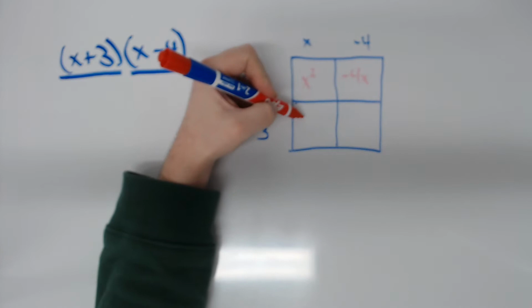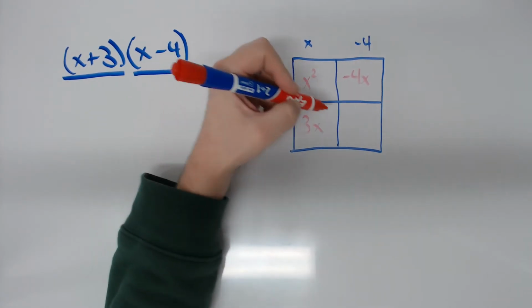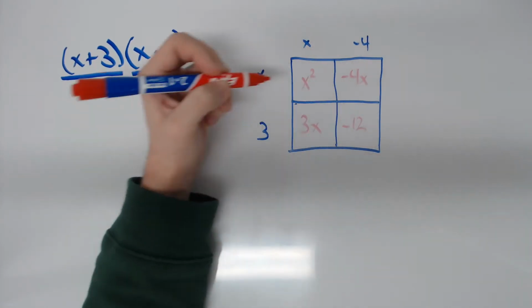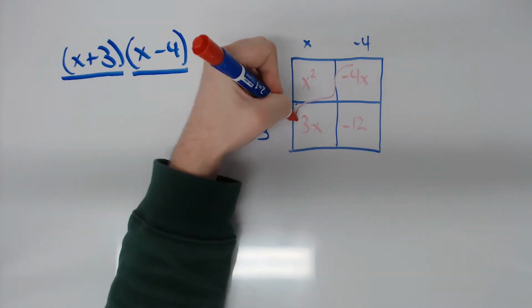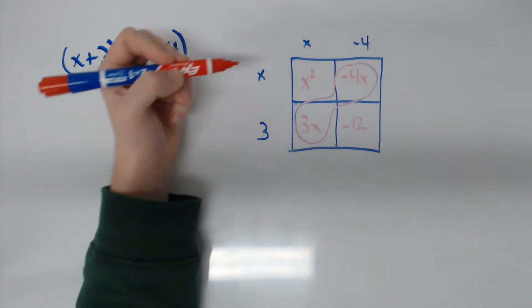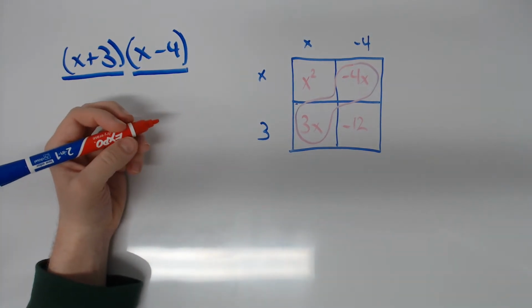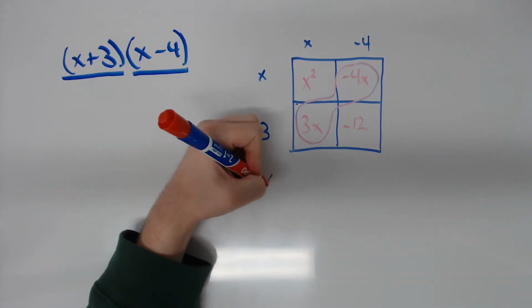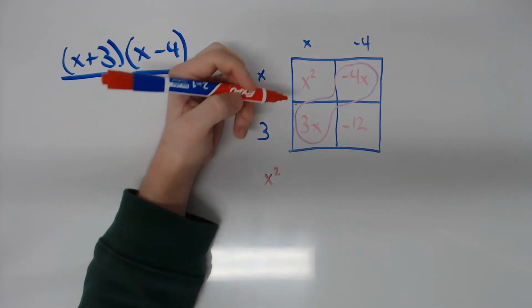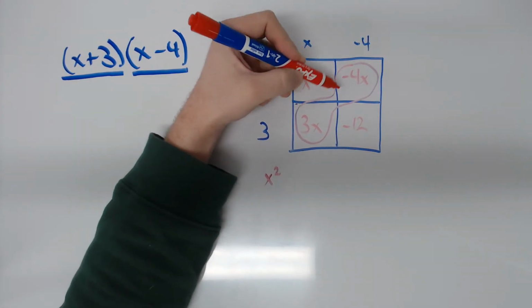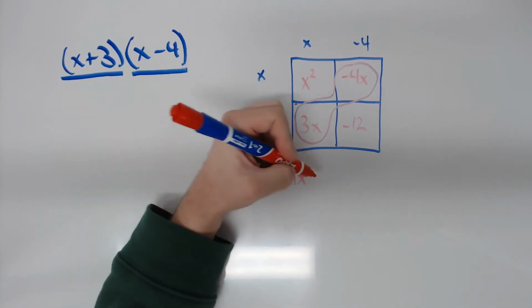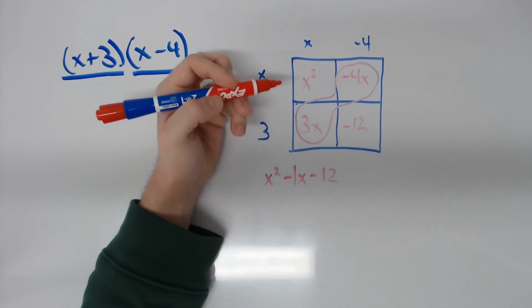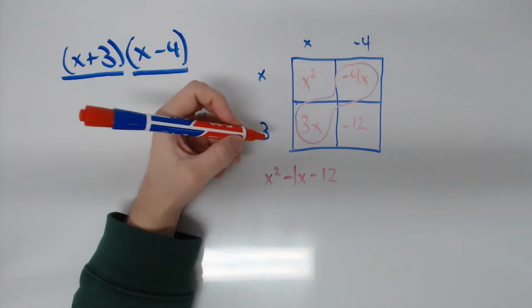X times 3 is 3x. 3 times negative 4 is negative 12. Now here I'm going to look for any like terms. I've got a 3x and a minus 4x. So when I add all these together, I get x squared. These two combined, 3x plus negative 4x, is negative 1x, so minus 1x, and then minus 12. So I can look for my like terms directly from the box.